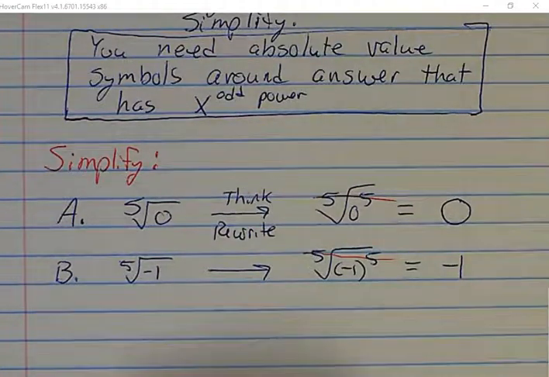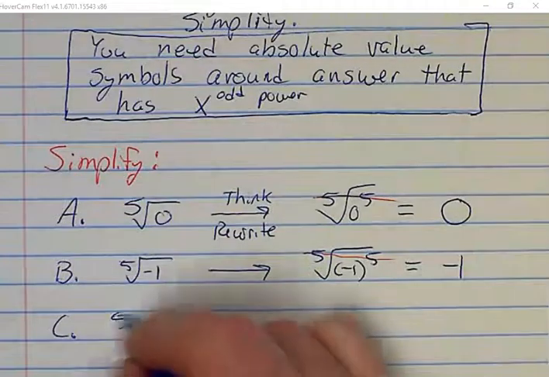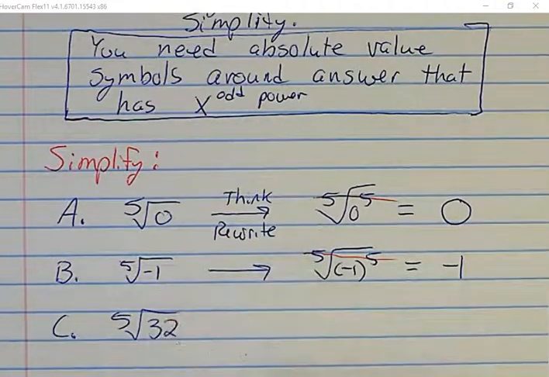Alright, so here's the very first one where you actually have to think about it and break it down a little bit. So we're going to do the fifth root of 32.